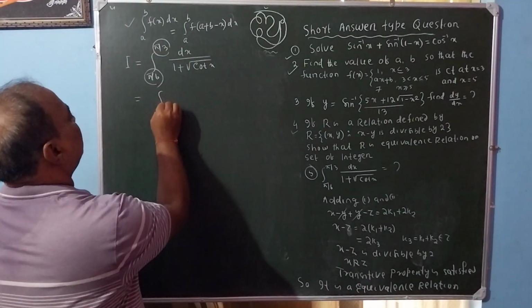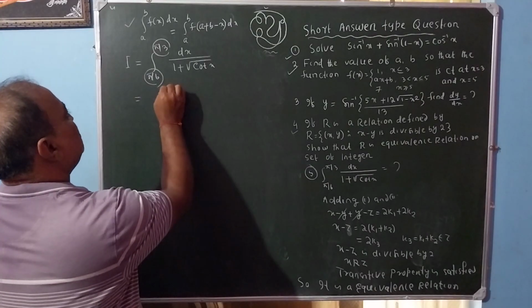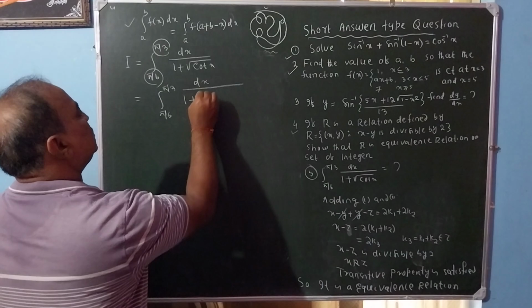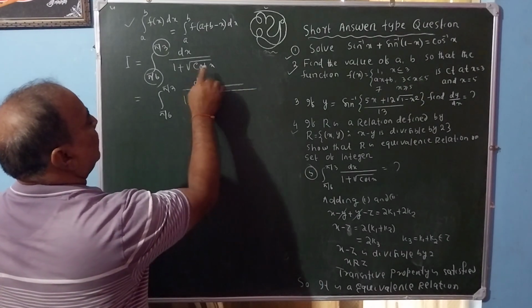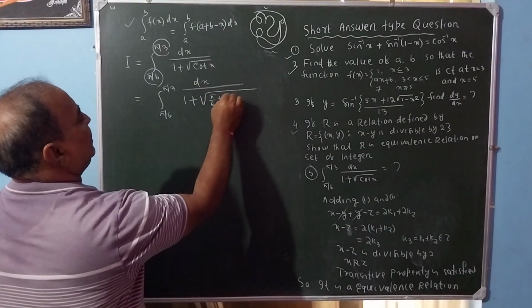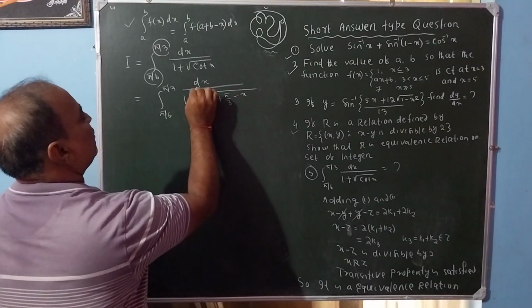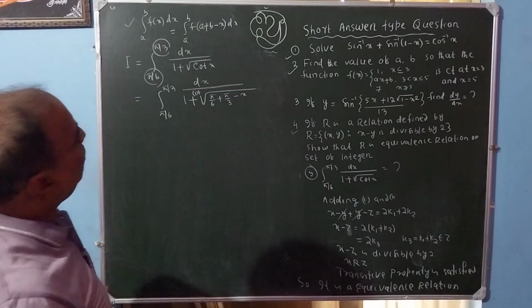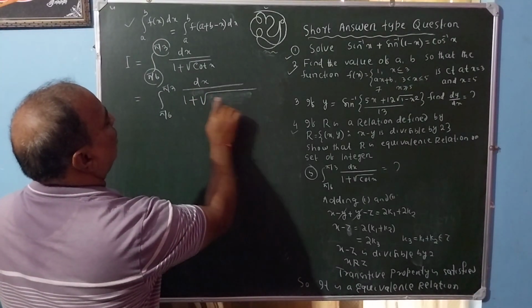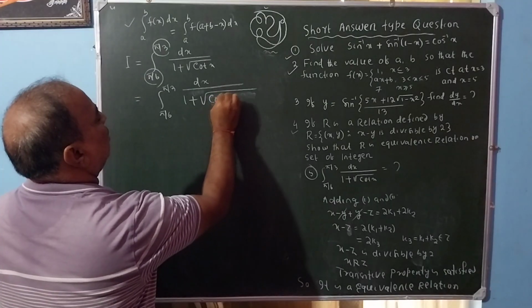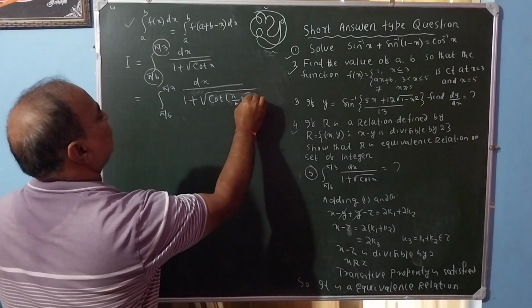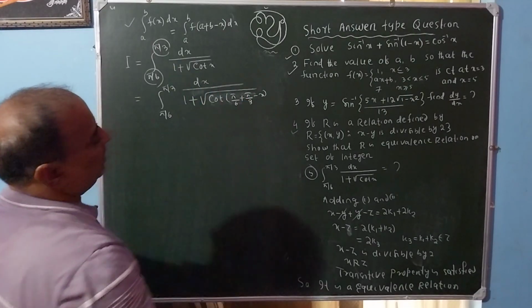Pi by 6 to pi by 3 dx by 1 plus root over cot of (pi by 6 plus pi by 3 minus x). In this manner you have to write.